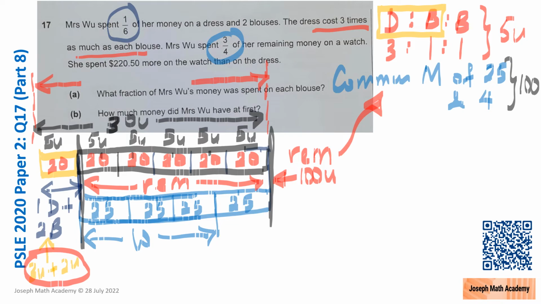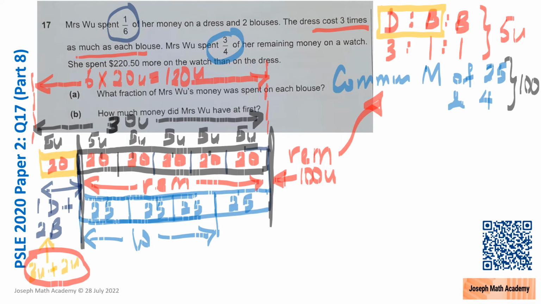That will be the total amount of money that Mrs. Wu had at first. If you look at the yellow and the black bar, we have altogether 6 20s. So 6 20s means 6 times 20 units. That gives us 120 units. So 120 units will be the total money in her wallet at first.